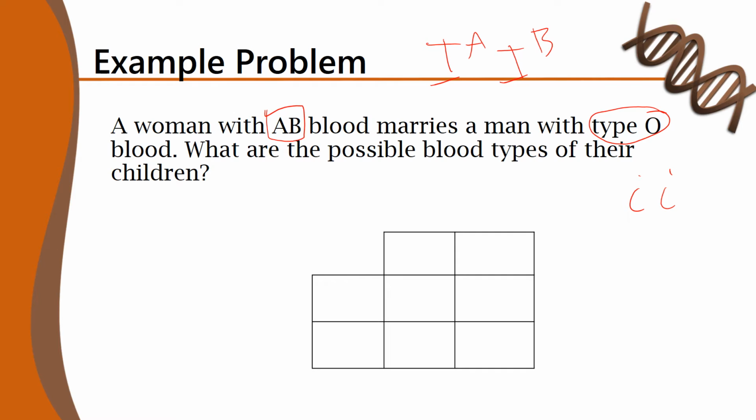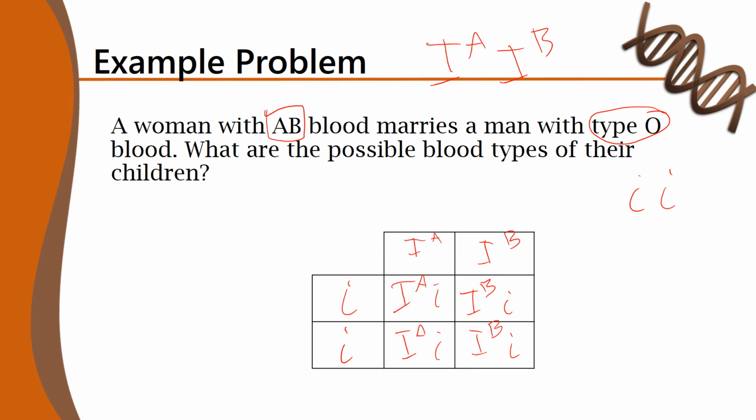So let's add our genotypes: IA, IB, and little i, little i, and do our crosses. It asks, what are the possible blood types of the children?